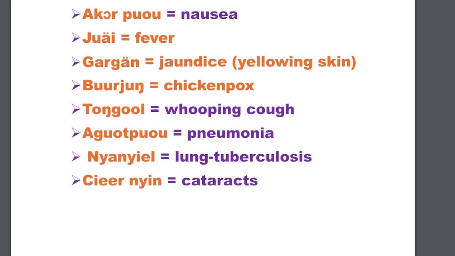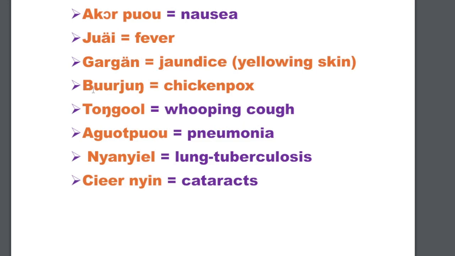So when you have jaundice, your skin become pale, yellow. Yes. So that's a common type of disease in South Sudan. It's called gargan. When you hear someone saying, "I have gargan," it means he has jaundice.